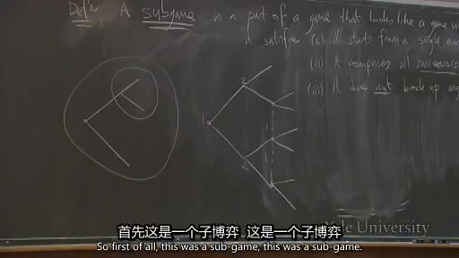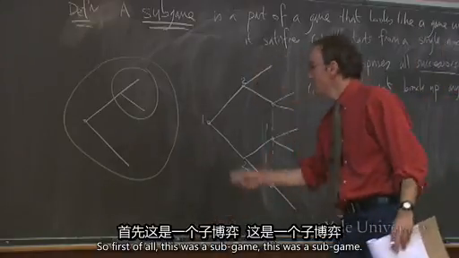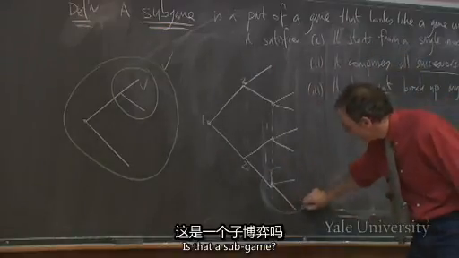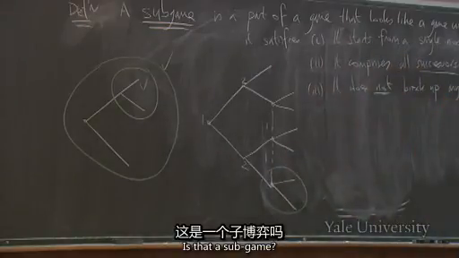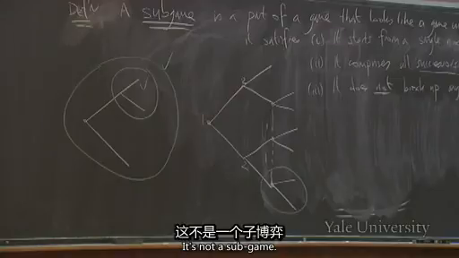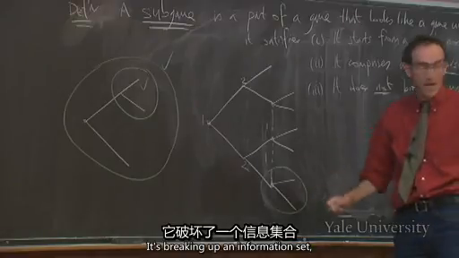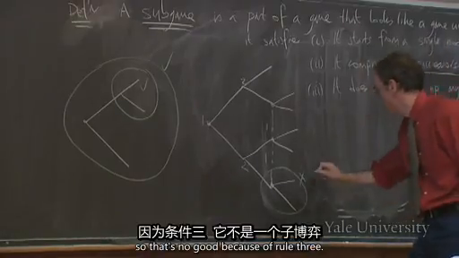All right, let's stare at this tree a second and figure out what are and are not subgames. So first of all, this was a subgame and this was a subgame. What about this thing here? Is that a subgame? It's not a subgame. What rule does it break? It's breaking up an information set. So that's no good because of rule 3.